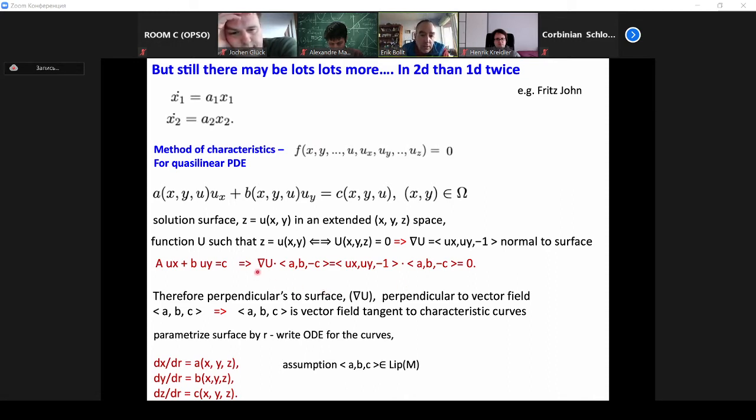So the grad u must be defining a perpendicular surface, perpendicular to the vector field (A, B, C). And if I want to find solutions, I should write a parameterized ABC equation. This ends up being what you call the solution curves, the characteristics. That's the general story behind the method of characteristics.